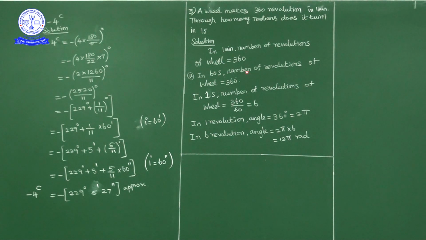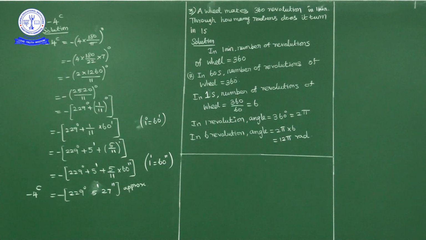In 60 seconds, it is making 360 revolutions. So in 1 second, the number of revolutions is 360 by 60, which is 6 revolutions.